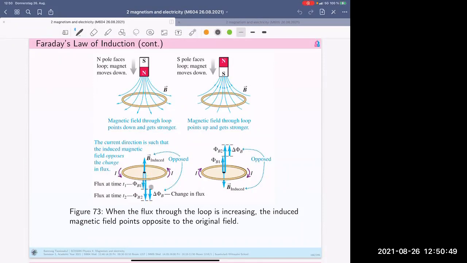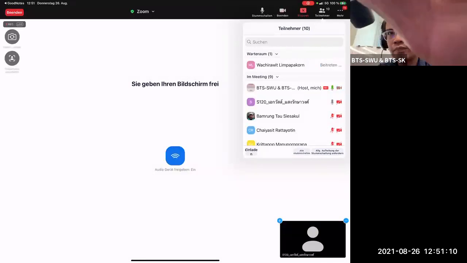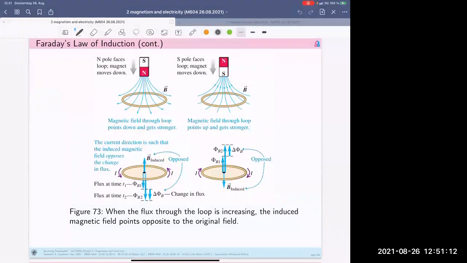In order to do that, the conductor will measure the length of this flux change vector and make the same amount of flux change to keep the magnetic flux. The direction of the induced magnetic field is opposite to the flux change. This is B induced, and that's what happened.